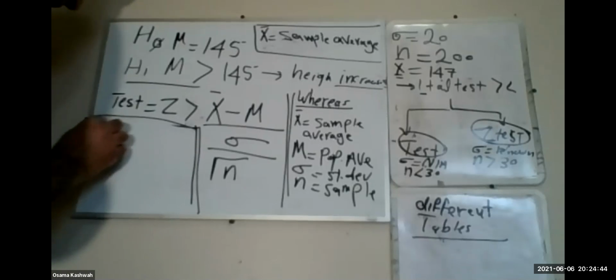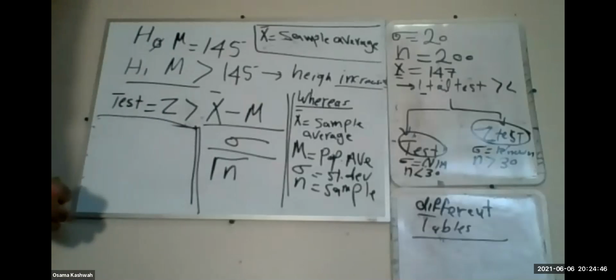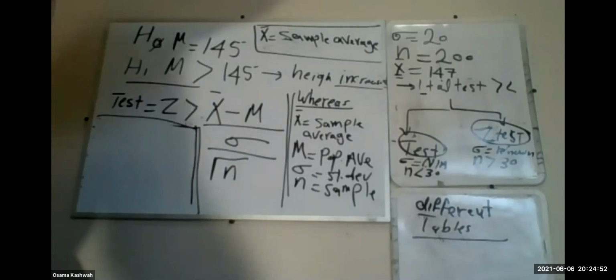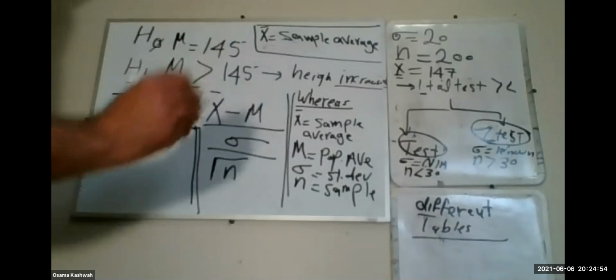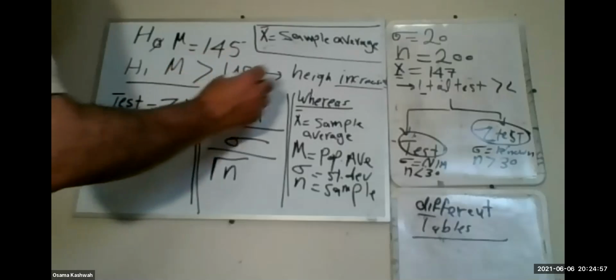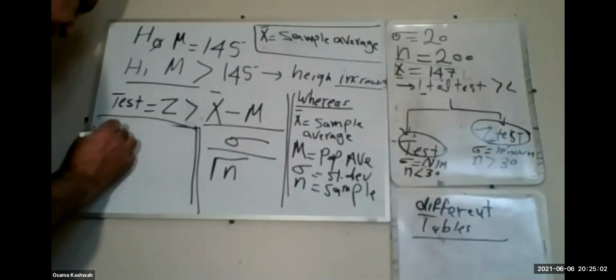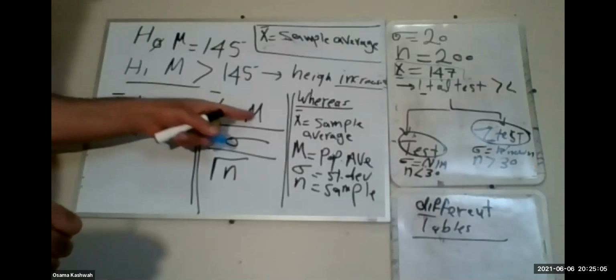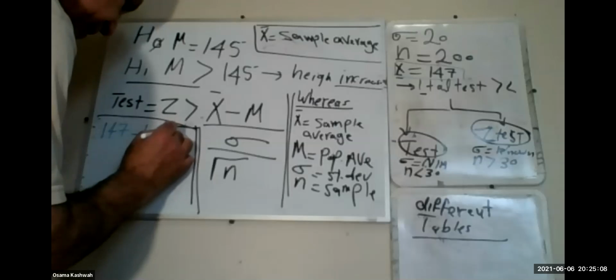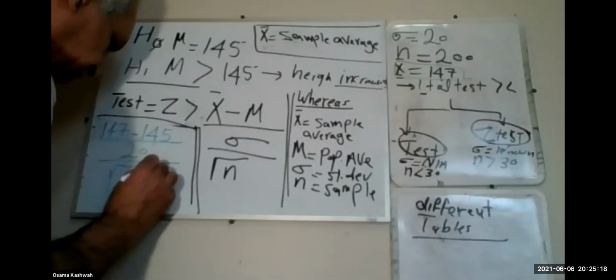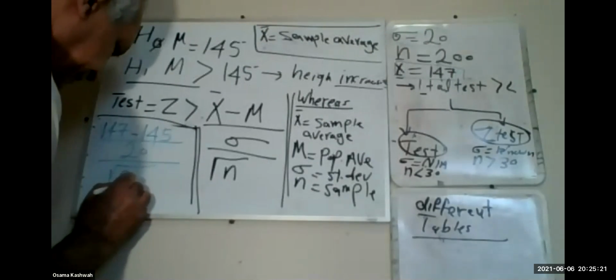I'll substitute with the red or the blue pen: 147 minus 145 divided by sigma 20, divided by the root of n, the sample is 200.